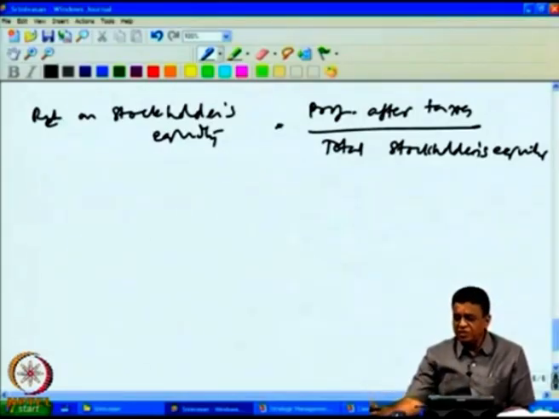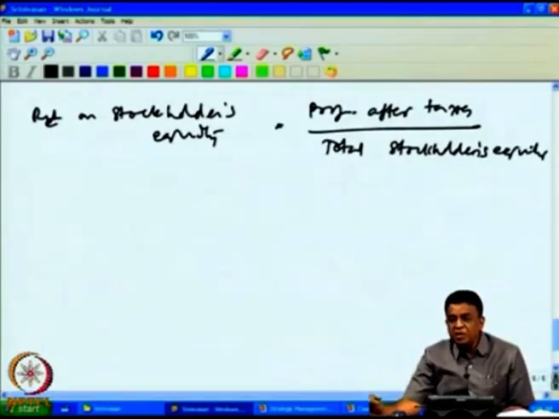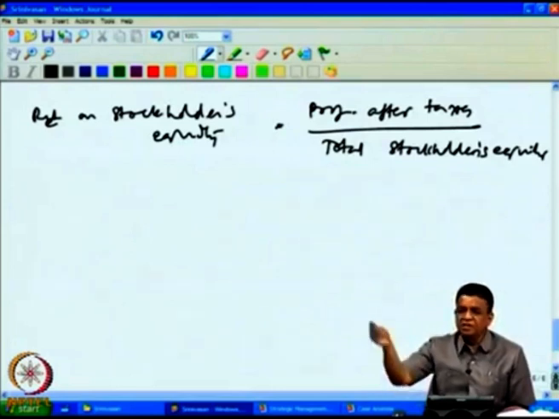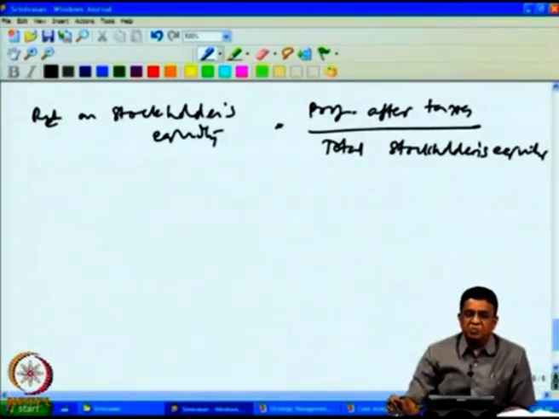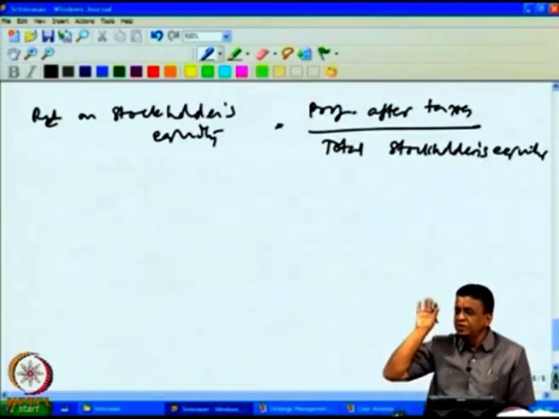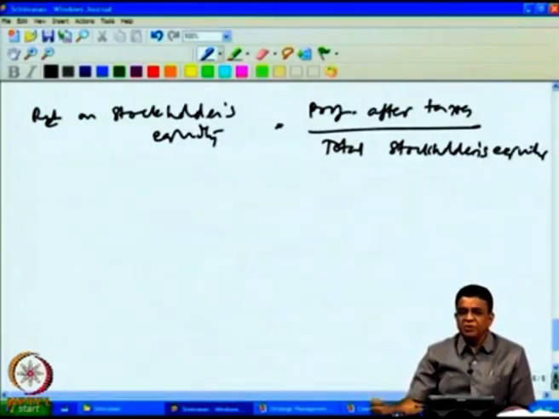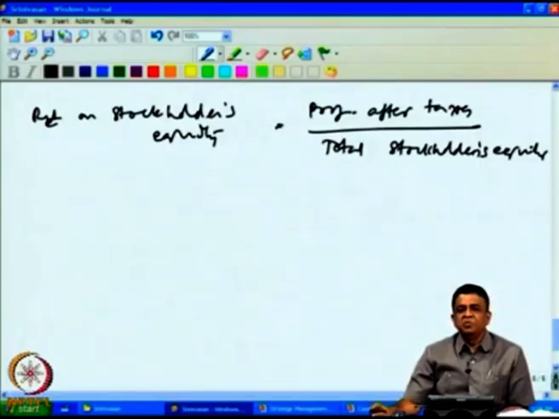Suppose you have invested 100 rupees, you expect a return more than the bank return as an individual investor. This is what I was trying to tell you in the other classes also. If you are getting 1 rupee for 100 rupees, you need not have invested in this particular company, because even putting that 100 rupees in a savings account in a bank will get you more than that.